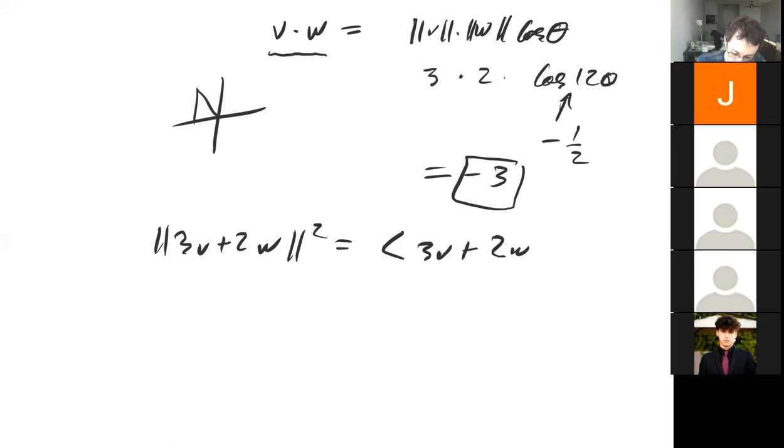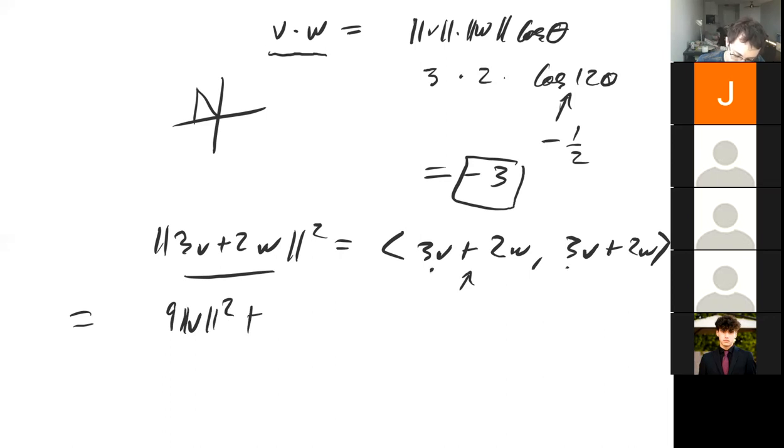So we can rewrite this magnitude squared as 3v plus 2w dotted with 3v plus 2w. And remember, these angular brackets are just another way to write the dot product. And so that gives you, using linearity, meaning you can expand this, 9 times the magnitude of v squared, matching these two terms, plus, so we get a 6 here and another 6 here. So that gives you 12 v dot w.